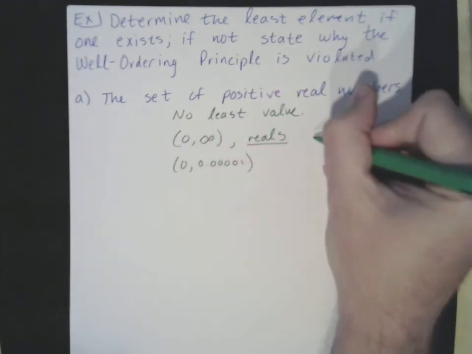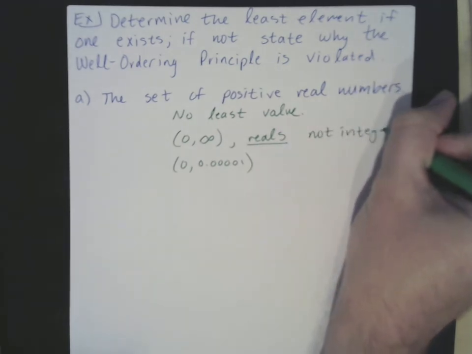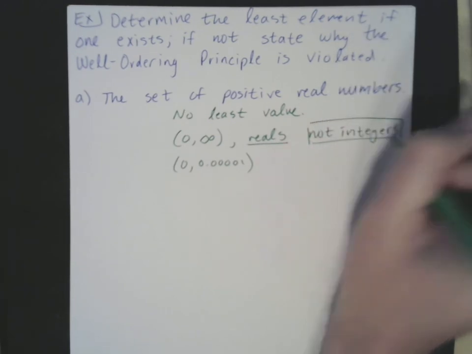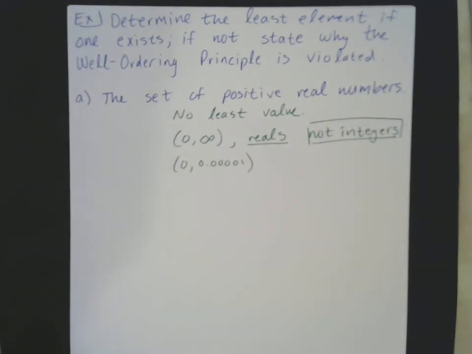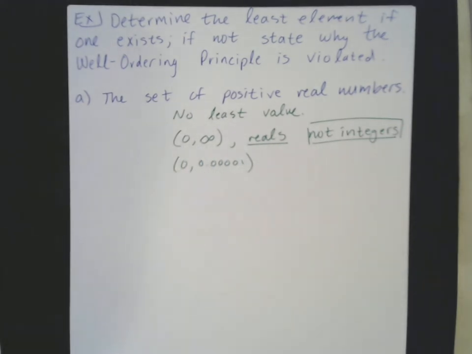These are not integers. This is why the well-ordering principle needs integers, because on a given interval of integers, there is a smallest value. But on a given interval of real numbers, there's no smallest value, ever.